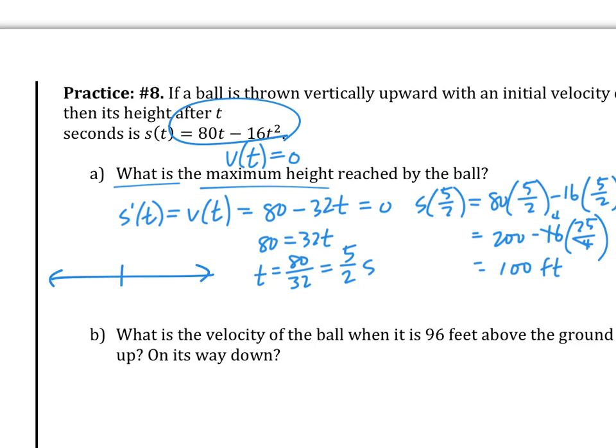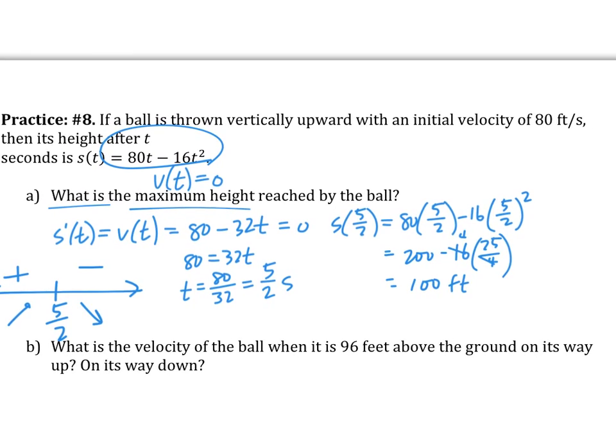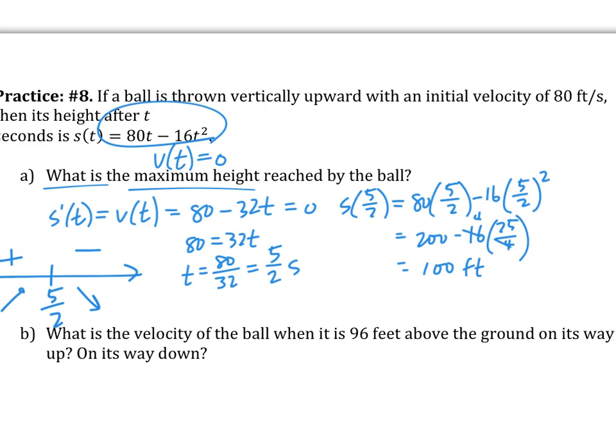But we can just do a sign chart to double check. So this is 80 minus 32. This graph is going down, so plus minus. Do you still cap it off at 0? Because technically you can't have negative seconds. Oh, that is a good question. Yes, so no negative seconds.